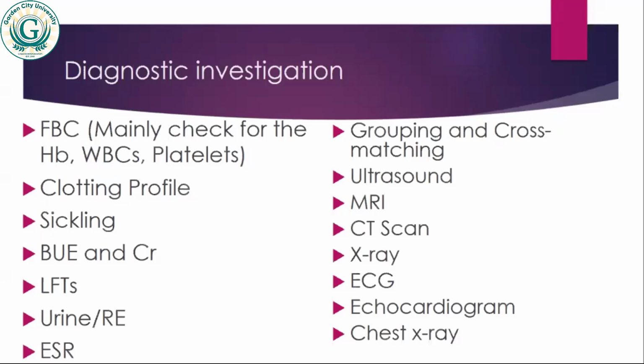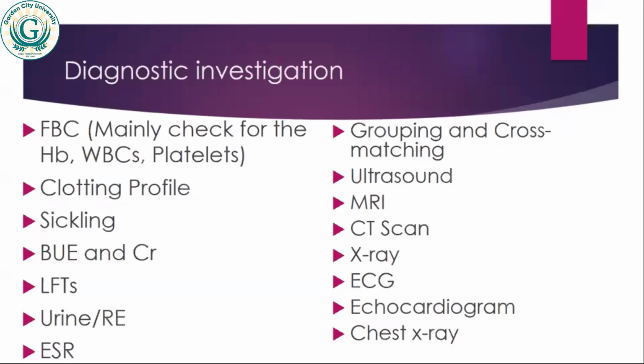Others also, especially with the echoes and the chest x-rays, patients above the age of 45 years, they would want to do, whether they have vascular conditions or not, right? So depending on the underlying condition, underlying factors, we'd want to do some of these labs.